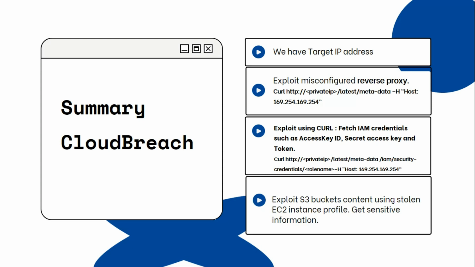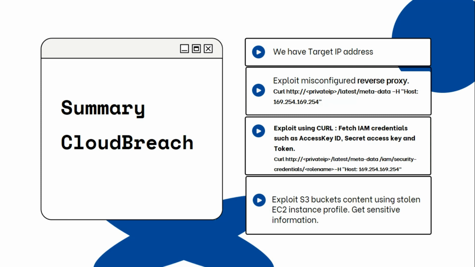We as an attacker can manipulate the host header to fetch other data on the proxy server, such as IAM credentials, as we have seen. The command returns the access key ID, secret key, and session token of the IAM instance profile attached to the EC2 instance. These credentials are temporary, as we have seen, and the expiration date is also mentioned in the data.